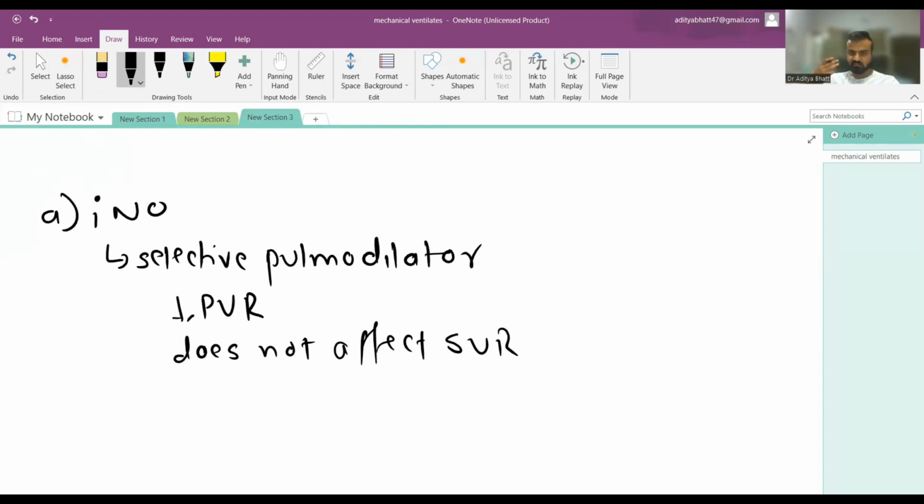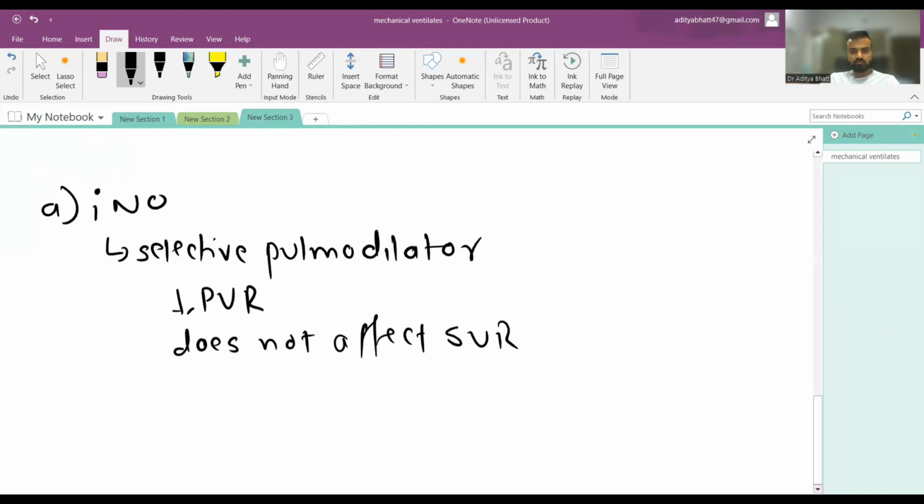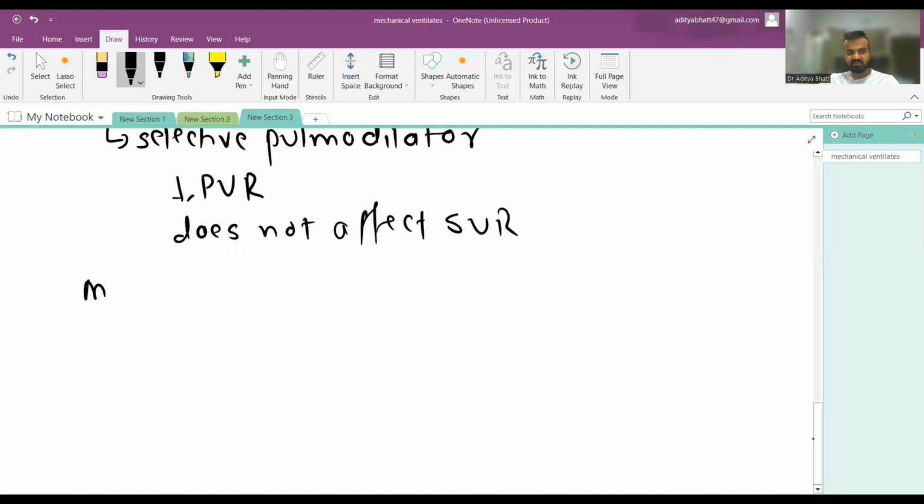It is a very selective drug. What is the mechanism of action is as we told you, but what are the manifestations? There is increase in ventilation perfusion ratio. Also, when the iNO is inhaled, it preferably goes to the place where there is highest ventilation, where the O2 reaches the highest amount.